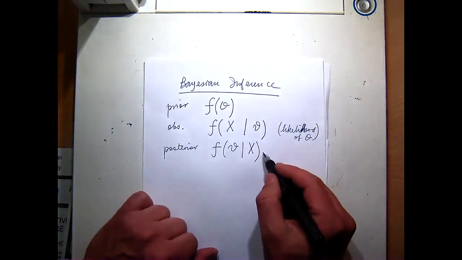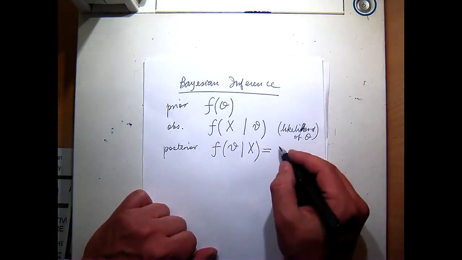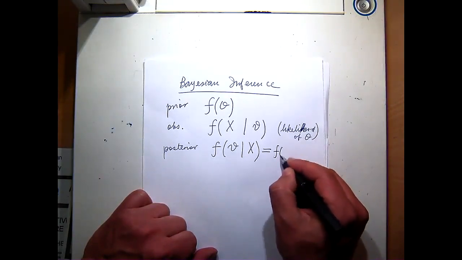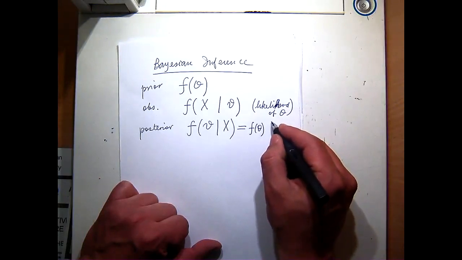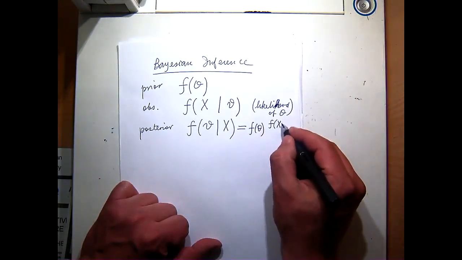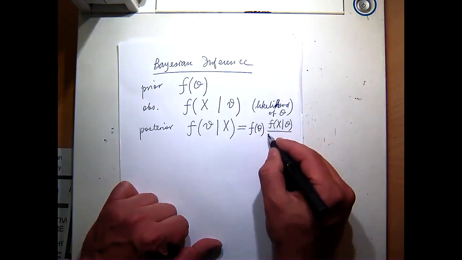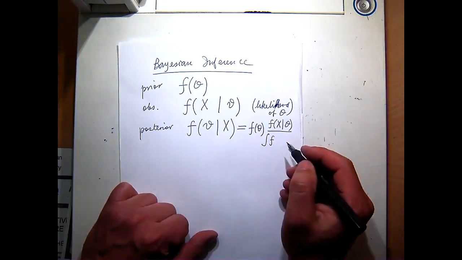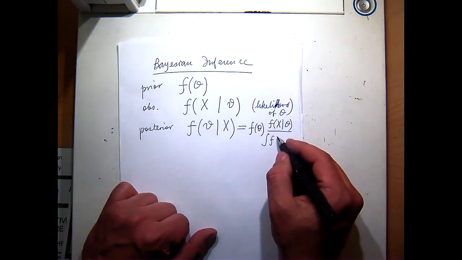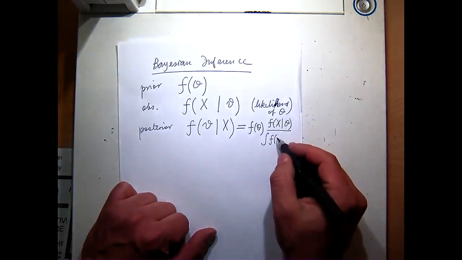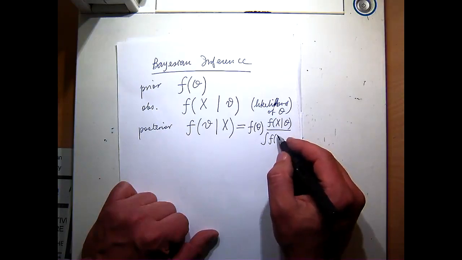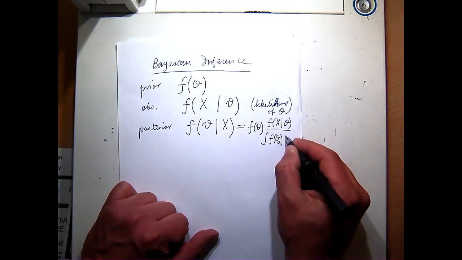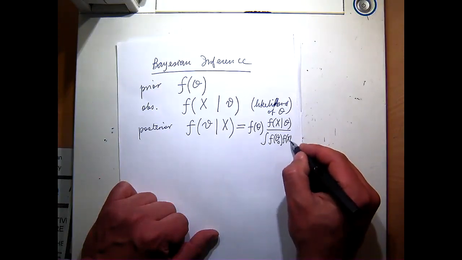As before, this is exactly equal to the prior density f of theta times a correction factor to do with what observation you've made, and the correction factor is f of x given theta, divided by the integral over all possible values of, I almost don't want to reuse theta, so let me make this theta naught, the conditional density of x given theta naught.